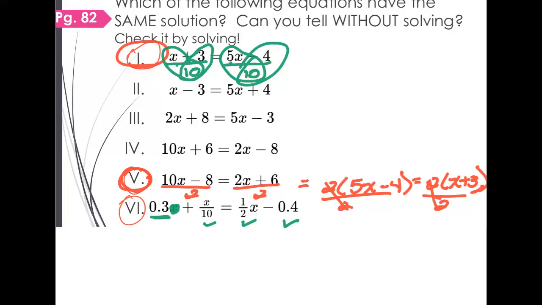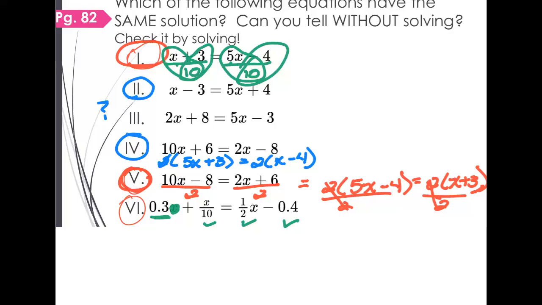Wouldn't number 4 be the same as number 2? Okay, why do you say that? Because for number 4, if you take out the factor of 2, so if I factor out a 2, I get 5x plus 3 equals, factor out 2 here, and I get x minus 4.